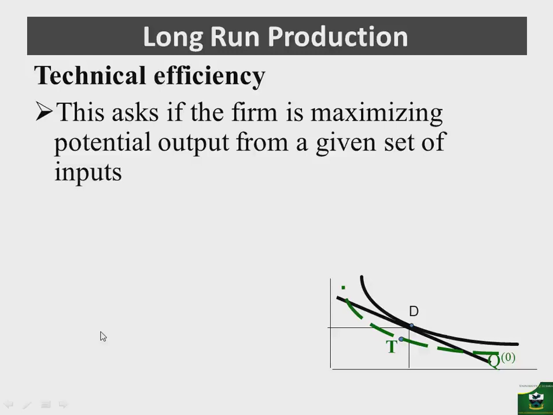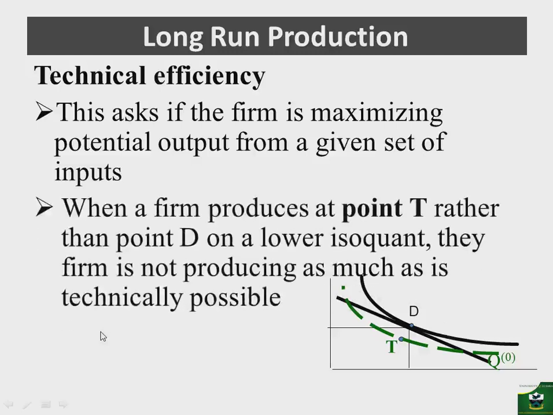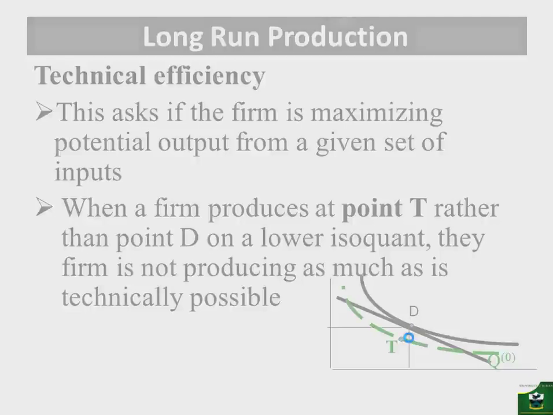So given this diagram, when a firm produces at point T, which is here, rather than point D, which is a point of equilibrium, on a lower isoquant, then the firm is not producing as much as it can produce if it was to be technically efficient. Therefore, for a firm to be technically efficient, we want it to maximize potential output from any given set of inputs.